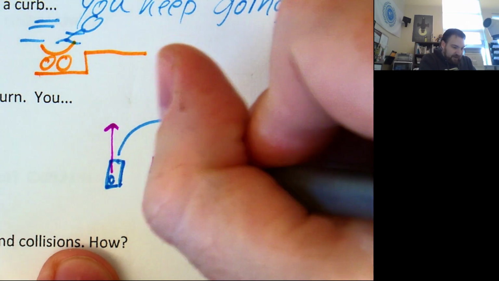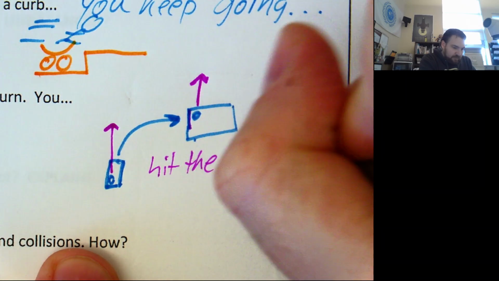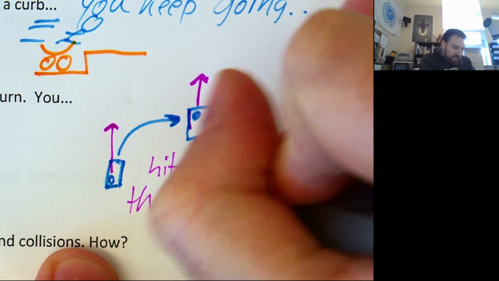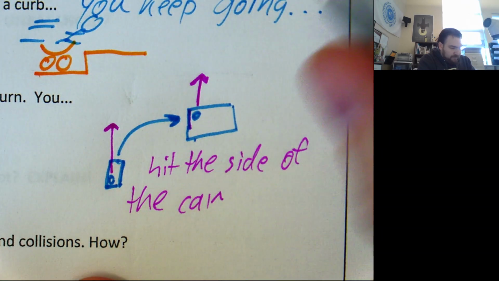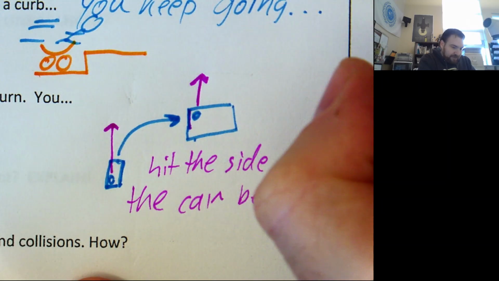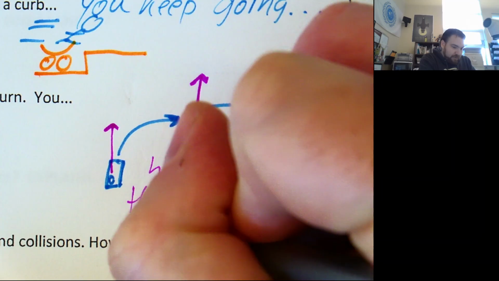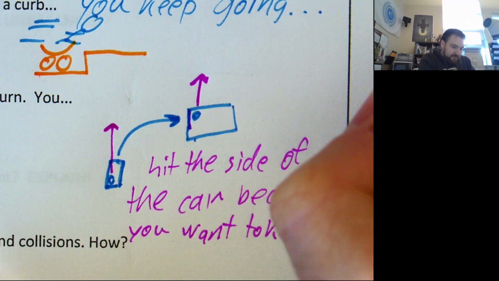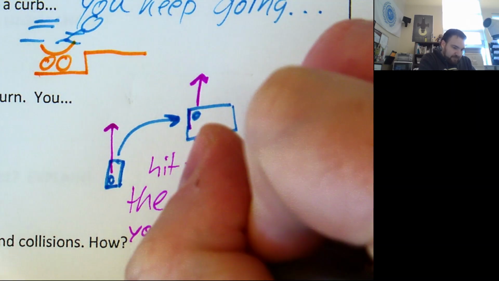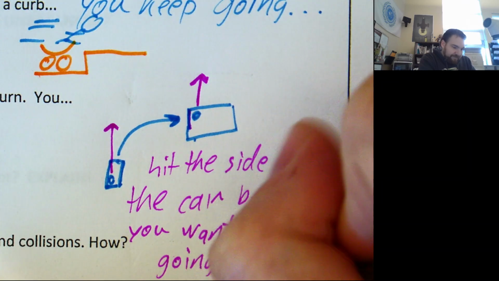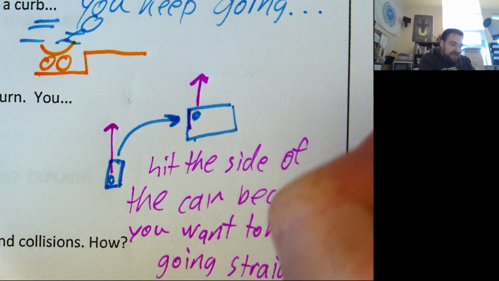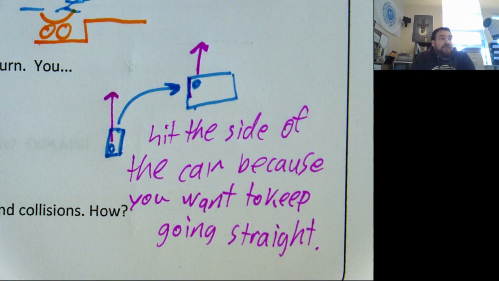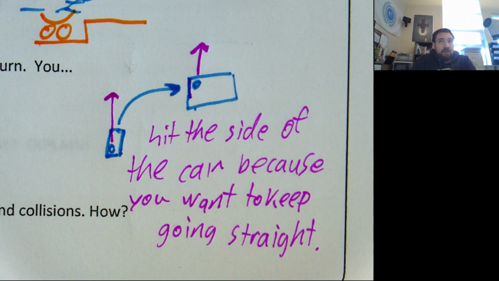You hit the side of the car, because you want to keep going straight. You don't actually want to keep going straight. Your body wants to. Your inertia says, I was going straight, I'm going to maintain straightness.